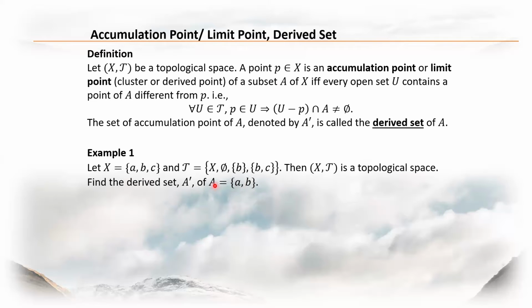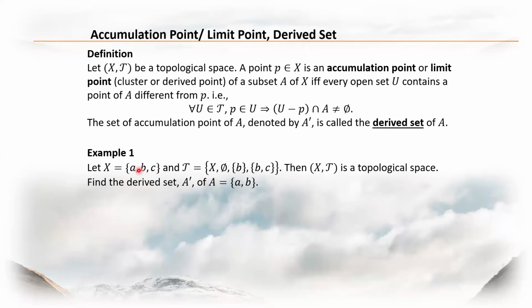Our objective here is to determine which of the points of X are accumulation points. After that, we will collect those accumulation points and form a set. We denote that by A prime, and you call that collection of accumulation points the derived set of A.